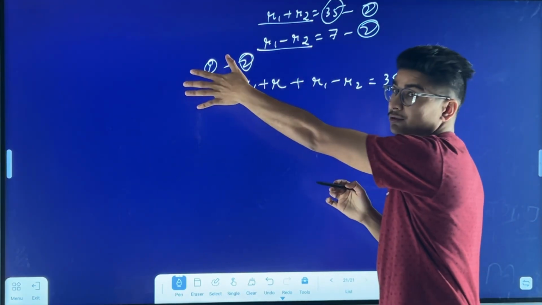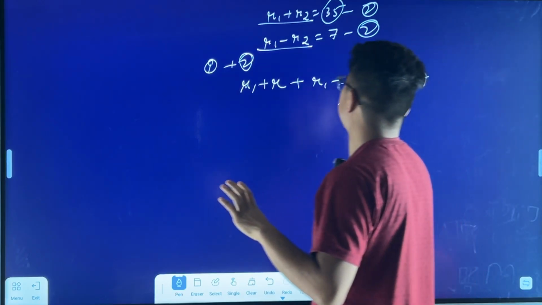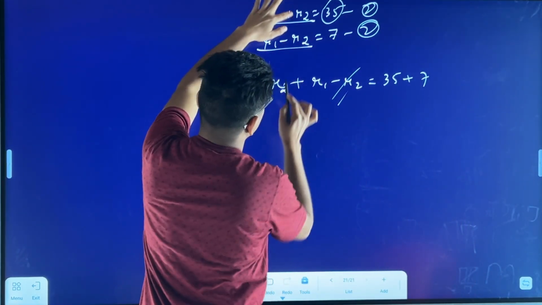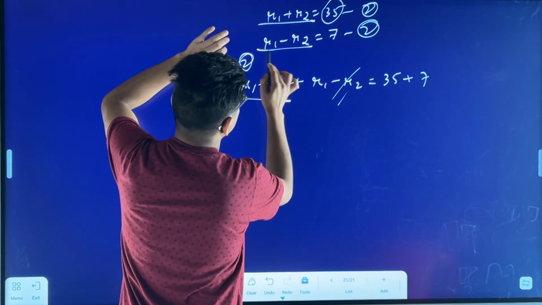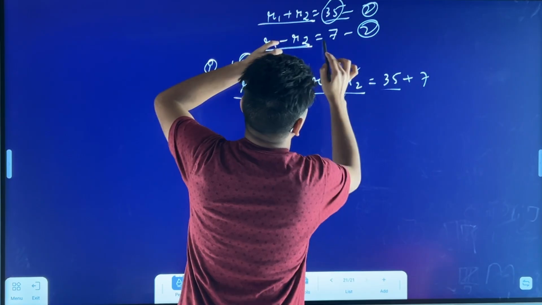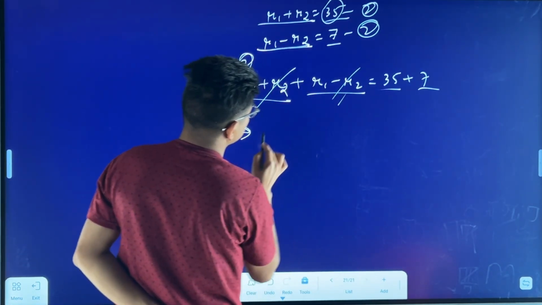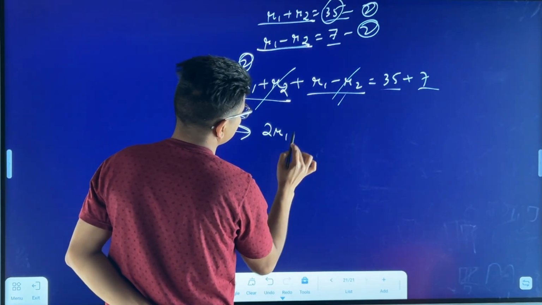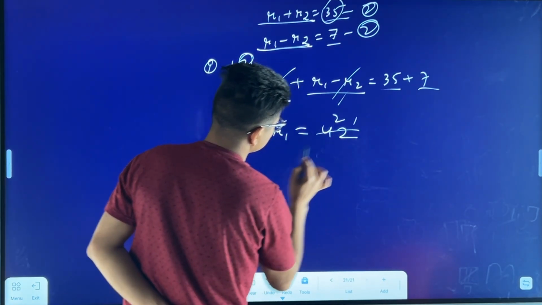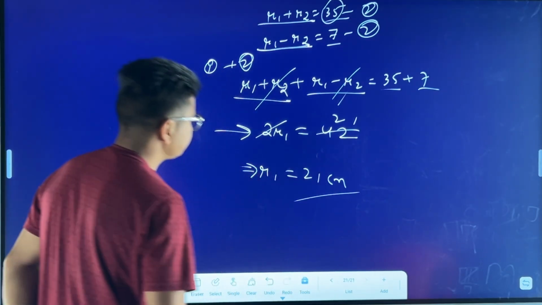So r2 can be cancelled. r1 plus r1, 2r1 equals, if you add up, 42. 2 2s are 4, 2 1s are 2. Then r1 will be 21 centimeter.